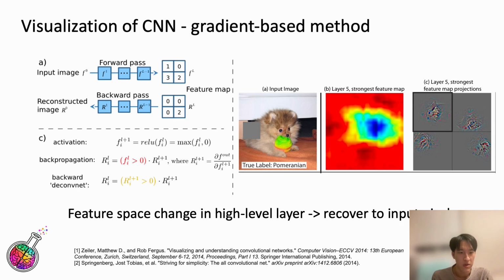So a group of people introduced a method called the deconvolution net. If we input an image into a forward pass, we get a feature map in the hidden layer. Then we put this feature map into the deconvolution net, and we get the reconstructed image.